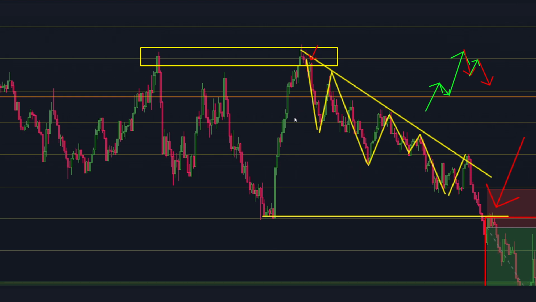I'm talking about this entry, or price making a new lower high over there, or waiting for a safer entry, which is the break and retest of the key level. Look at all the price action showing you that the retest of these previous lows was respected, so the safest entry is clear.